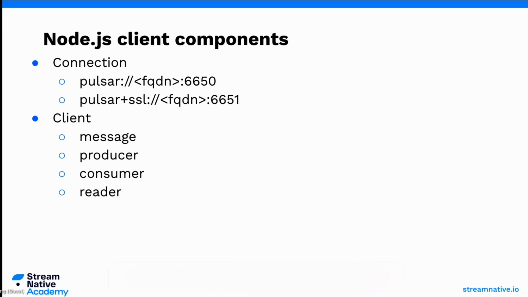You need to initiate a connection to the broker, for example on port 6650 or 6651, right? Once you have the connection, you can initiate a client. Using the client, you can initiate different objects, for example message, producer, consumer, and reader. We're going to talk about those one by one.